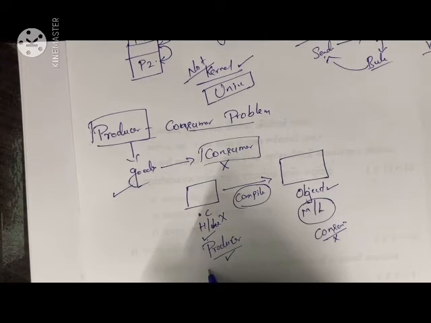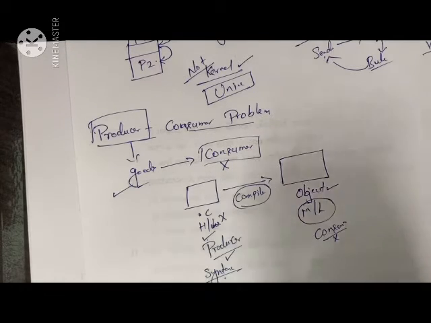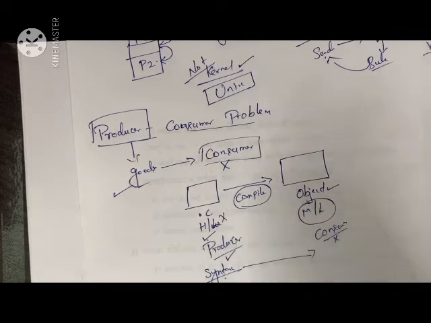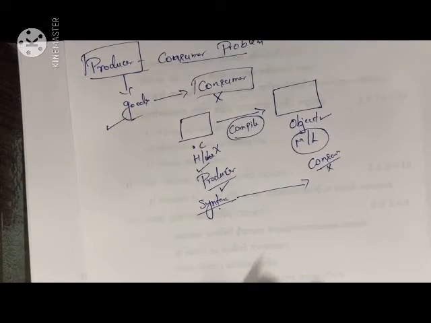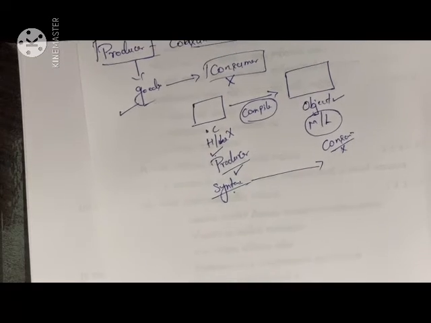It is just like when you get a syntax error. When you get a syntax error, you cannot execute that program. Once all the syntax errors are cleared, then you can execute the program. Similar to that, we have the producer as well as the consumer problem.